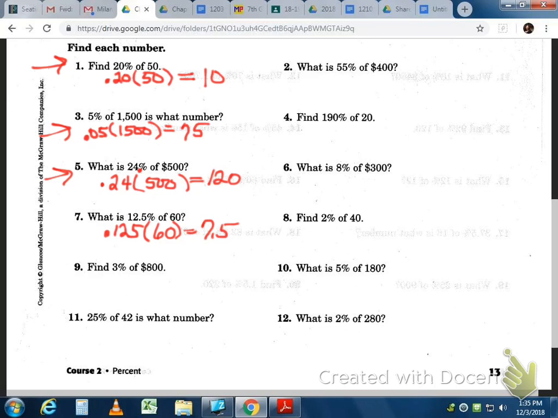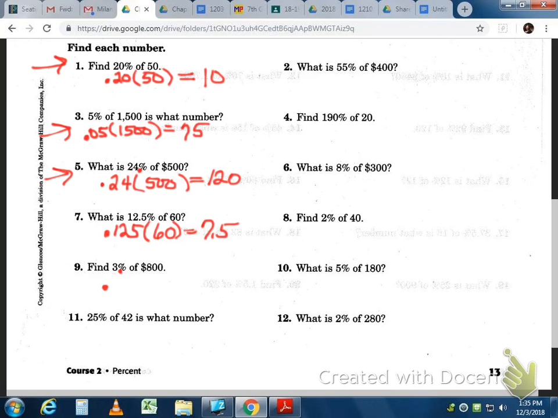Find 3% of 800. Caden up there, what's 3%? Is it just 0.3? What'd you say? If you move the decimal 2 places, is it just 0.3? Look up at the screen.